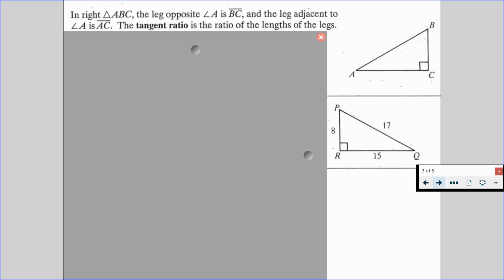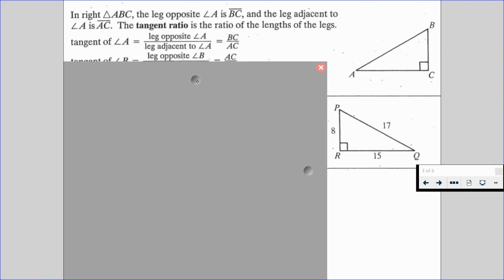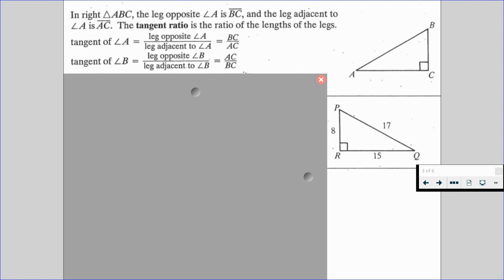So in right triangle ABC, the leg opposite of acute angle A is BC, and the leg adjacent to angle A is AC. The tangent ratio is the ratio of the lengths of the legs. So we can write it as the following. The tangent of angle A is the leg opposite of angle A over the leg adjacent to angle A, or BC over AC.